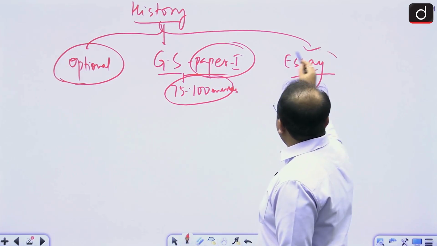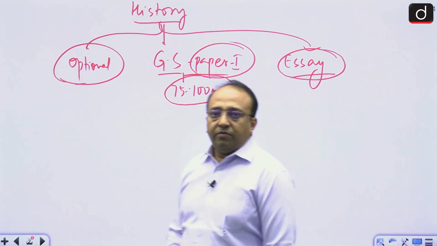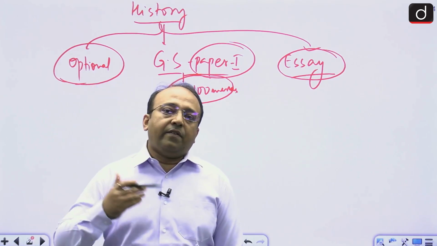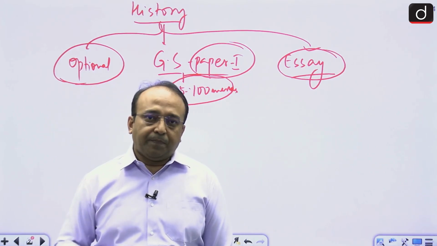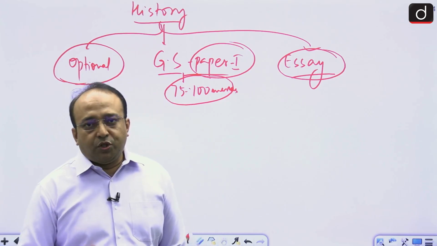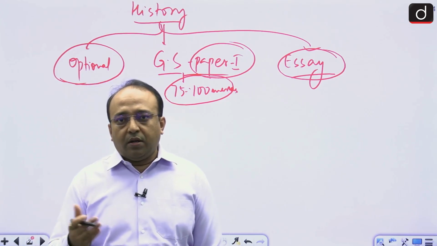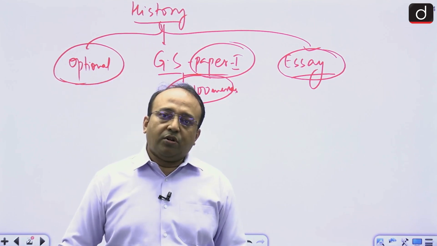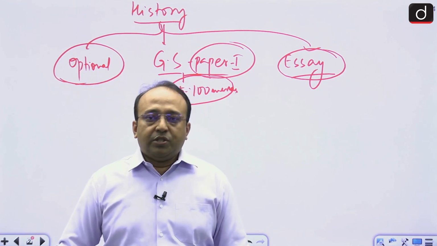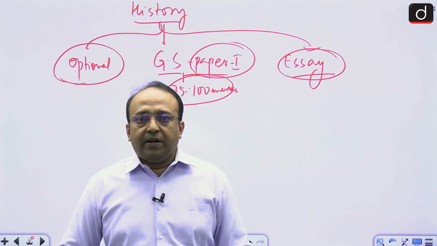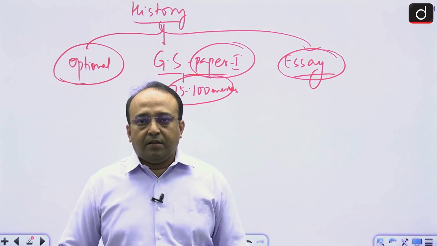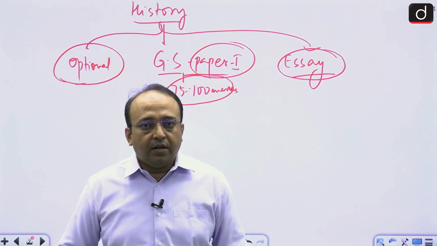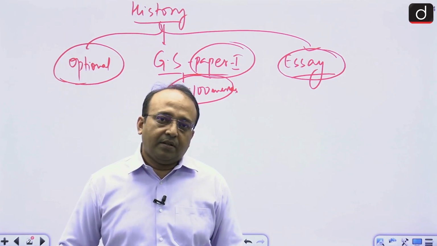And then in essay as well, you are asked various topics which have direct relevance from the topic of history. For example, they asked you a question perhaps in the 2021 mains examination. The statement of the essay was: civilization declines, but culture never declines.